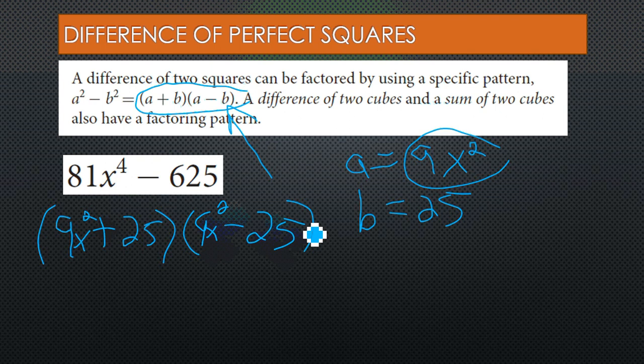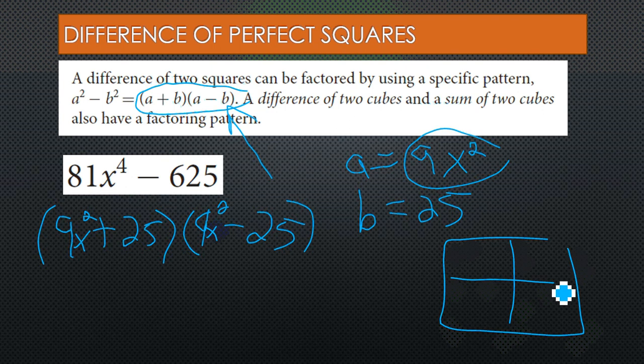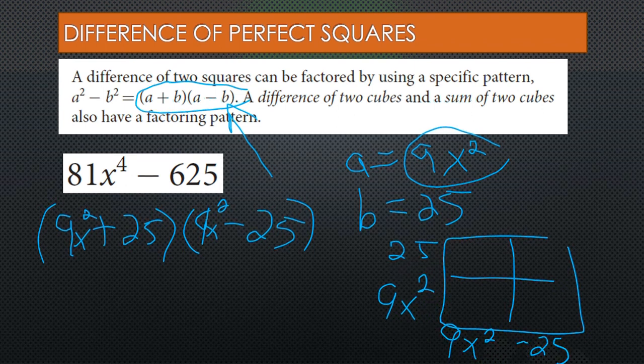And why does that work out? Well, if we go back and multiply them back together, watch what happens to the two middle terms. So I have 9x squared plus 25 and 9x squared minus 25. Of course, top right is going to give us negative 625. Bottom left will give us 81x to the fourth. And then we have these two pieces in between that are going to cancel.